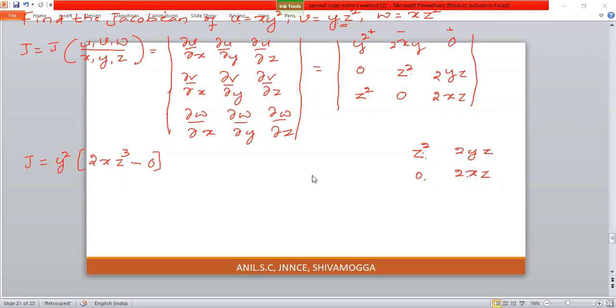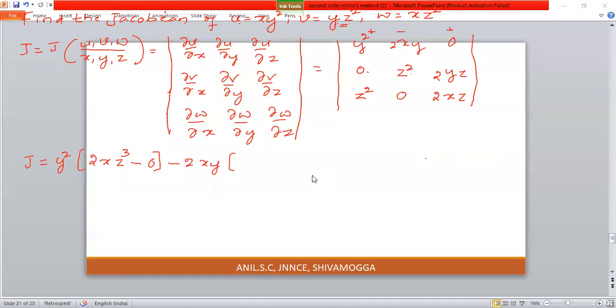Next, minus 2xy into this negative sign, into minus 2xy into: now leave the column and row which contain this 2xy.